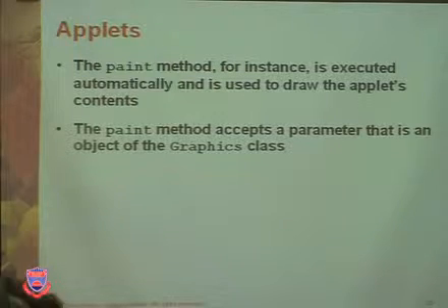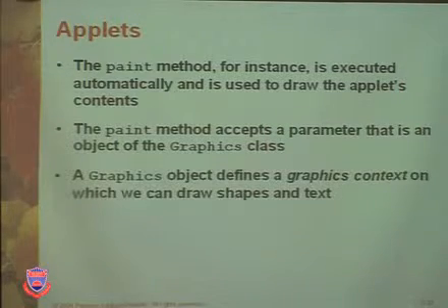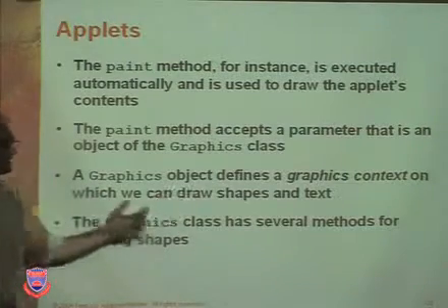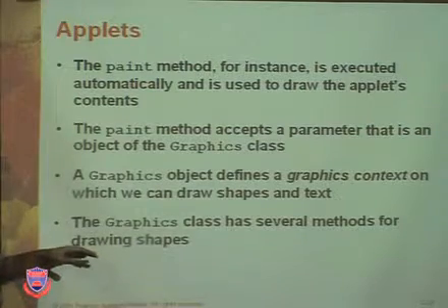The paint method accepts a parameter that is an object of the Graphics class. So you have a Graphics object that defines a context on which we can draw shapes and text.